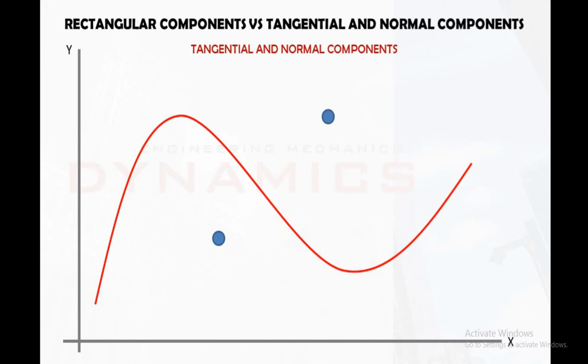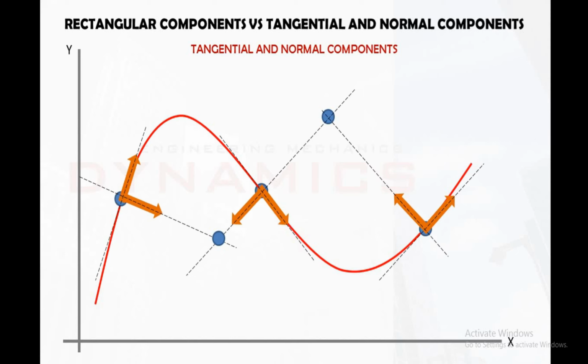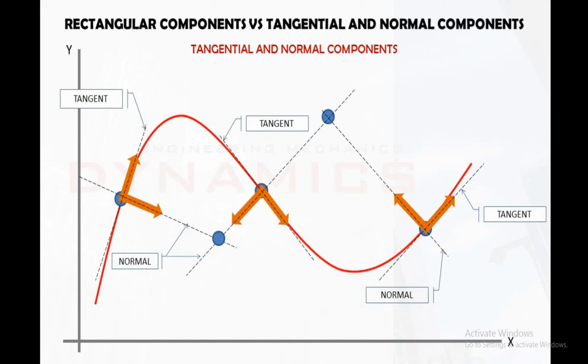Now, how about tangential and normal components? Let's say the small blue circles you see on your screen are the center of curvature of your curves. So if I draw again my points, the tangent lines and normal lines that you see. See, the tangent lines at each point where the particle is located intersect.